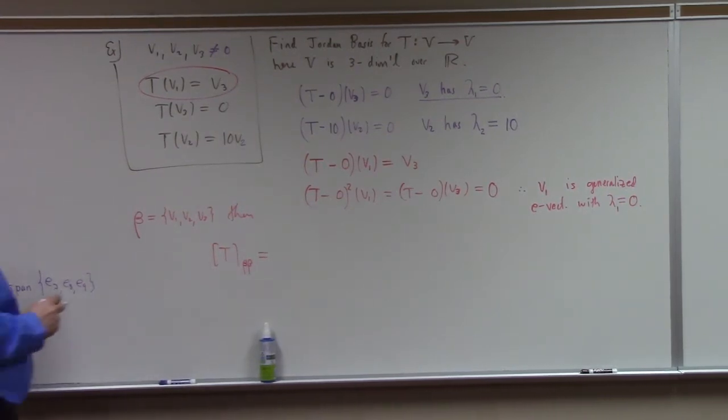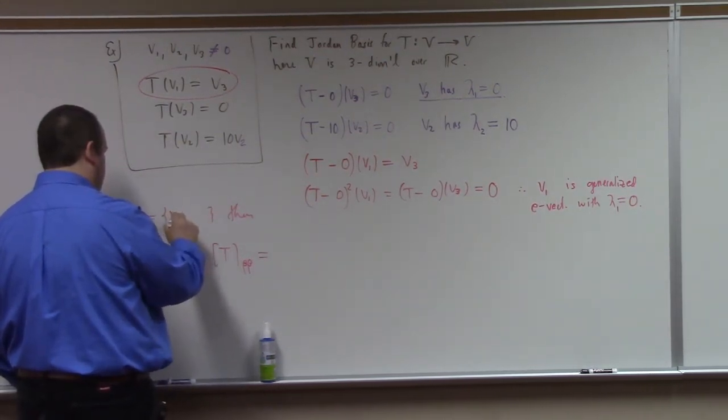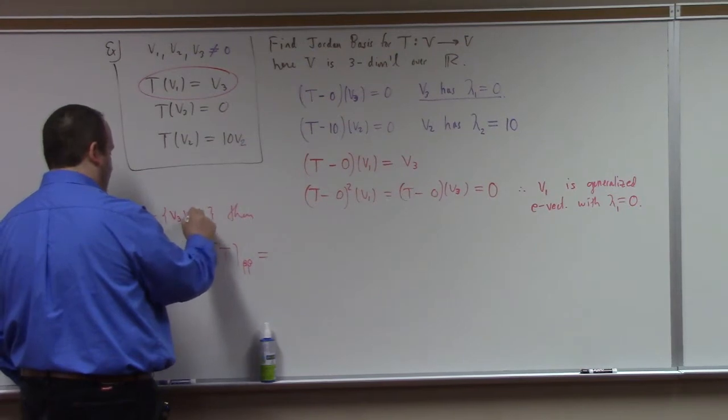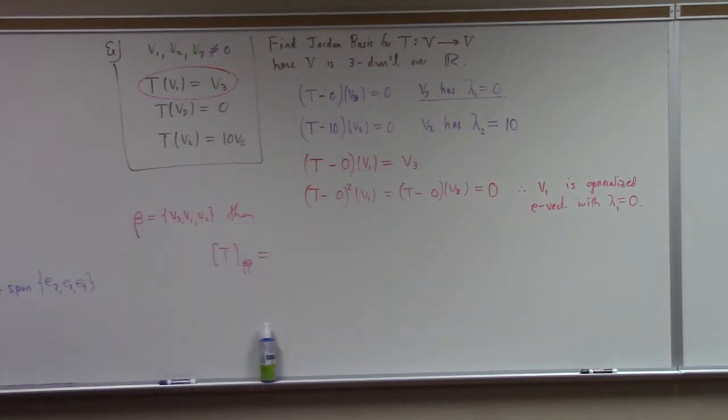The basis should be V3, V1, and then V2 perhaps. You always want to put the eigenvectors first in the list, then generalized eigenvectors of order 2 next, and so forth. Work up the chain. The last thing corresponding to a given block should be the highest order generalized eigenvector that you have.